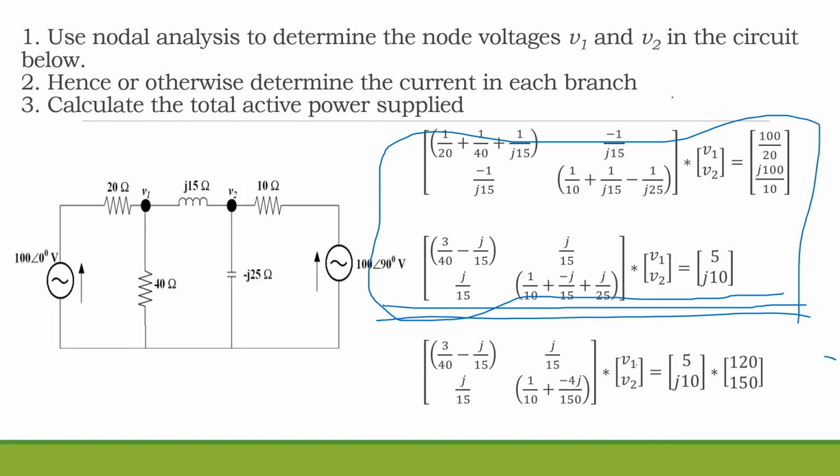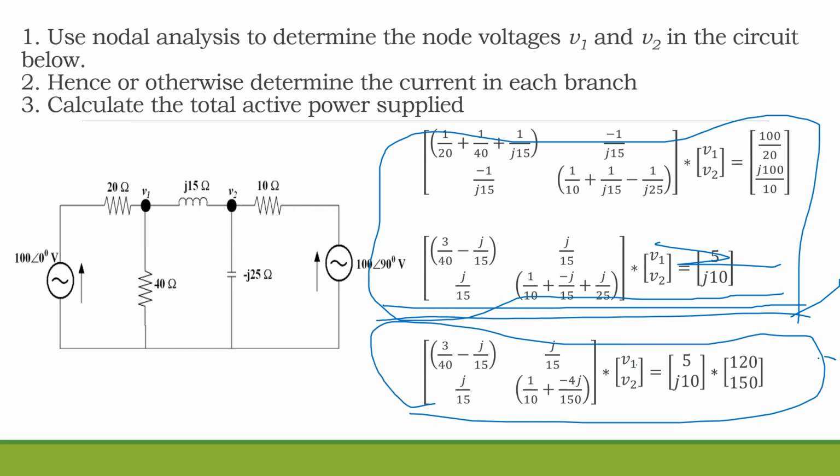All right, so here we go. If you are good up to this point, then if you multiply the top row by 120, you would have 3 over 40 times 120. 120 over 40 gives you 3, 3 times 3 is 9. 120 over 15 gives you 8.